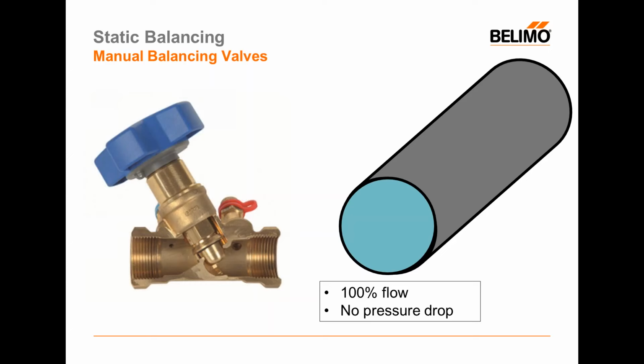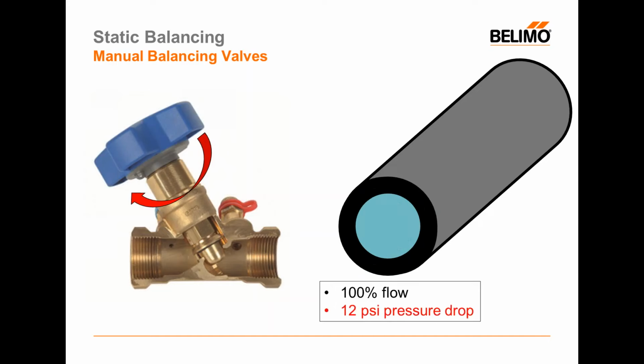So what we're going to do to generate the pressure drop, and if you remember, we needed to generate 12 psi of pressure loss on the first floor of our building. We're going to turn the handle of the balancing valve, and as we do that, we're going to constrict the opening of the pipe, essentially. So we're just creating a smaller area through which we want to push the same amount of water.